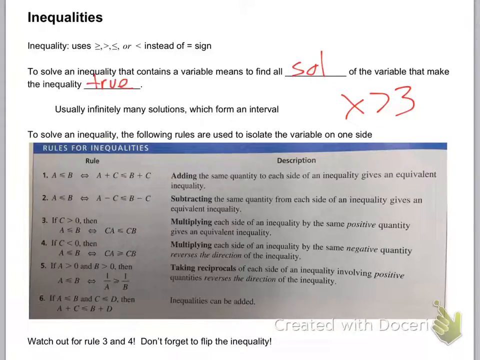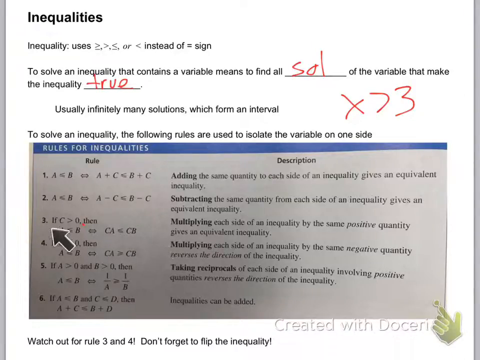So to solve inequalities, we use the following rules in the box there of adding, subtracting, multiplying, and dividing, taking reciprocals, and so forth. These rules you guys have seen before. That basically says that I can add or subtract from an inequality as long as I do it to both sides. Multiplying and dividing are the same rules that we've always used.